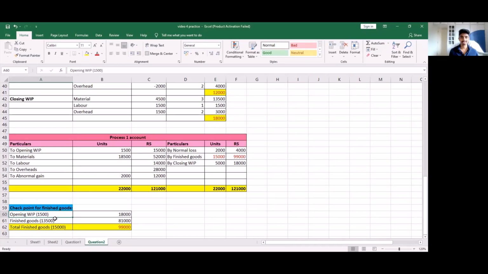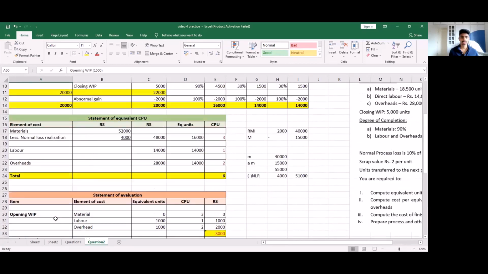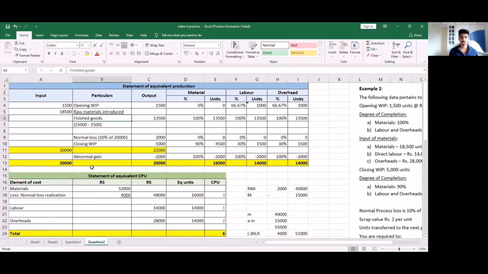Few things that we learned different in our second question is one, we saw that finished goods was given in the question as units transferred to next process. So in this case, we have to subtract our opening work in progress and mention the remaining amount here like we did. So we got 15,000 in the question as being transferred to the next process.